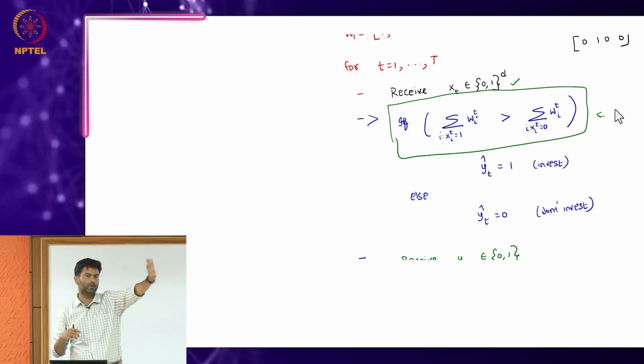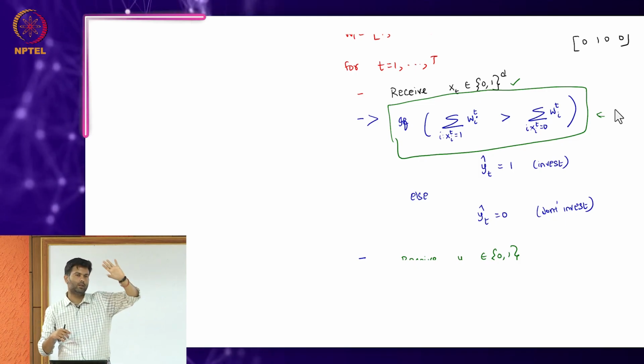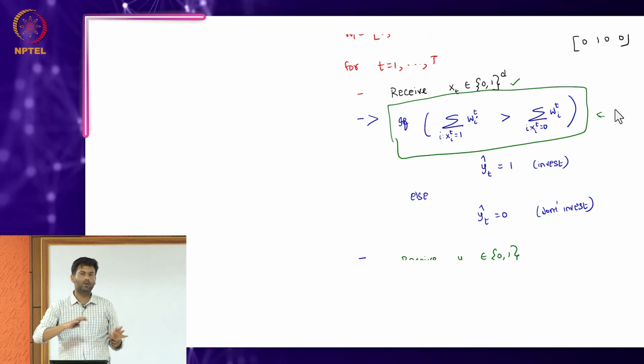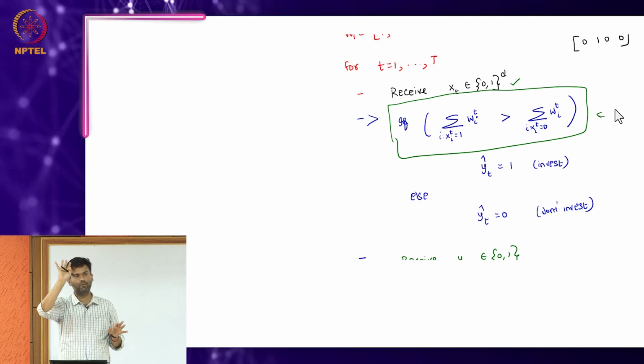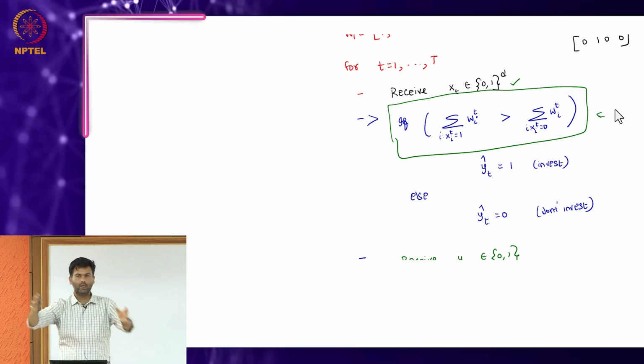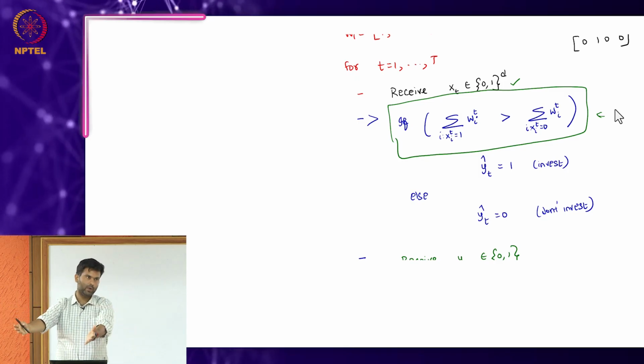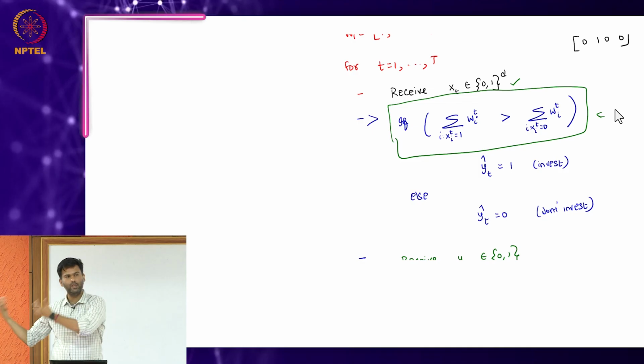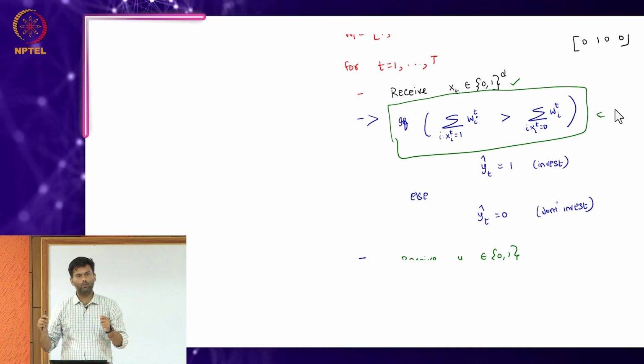Everybody on this side is saying yes, their sum of weights is 10. Everybody on this side is saying no, their sum of weights is 20. Earlier we would just say that 20 is greater than 10, so I will believe the 20 group, whatever they say. Now I don't want to do that.